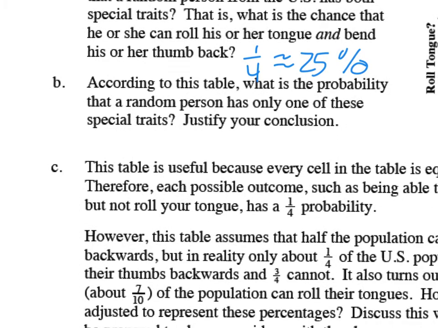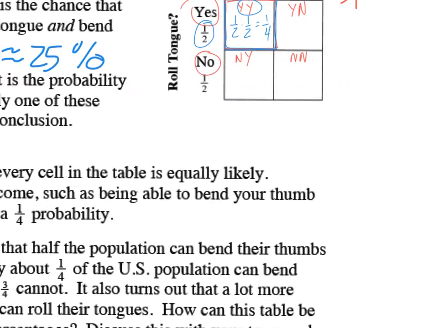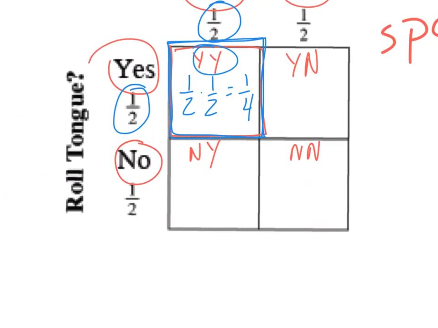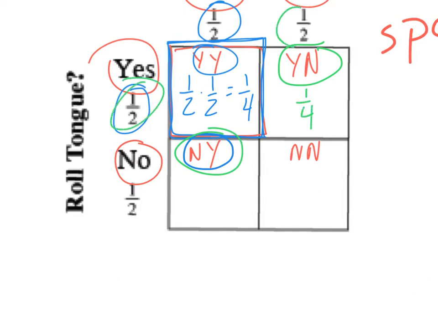Now, in part B, according to this table, what's the probability that a random person has only one of these special traits? Well, one of those special traits would be this conclusion here, no yes, or yes no. Now the probability of this box is also 1/4, as it would be 1/2 times 1/2, and this would also be 1/4. So what is the probability?